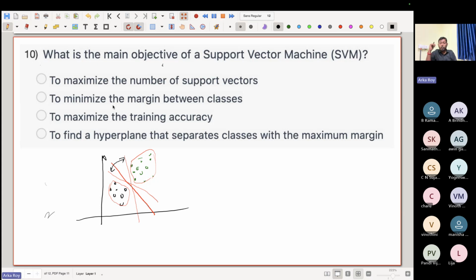classification. For that, SVM came into the picture, and SVM stated that you first try to locate the support vectors from both the classes. Let's say this is a support vector and this is also a support vector, maybe the picture is not that precise. As these are the support vectors, you'll be calculating the perpendicular distance from this vector to this line, and similarly from this vector to this line.